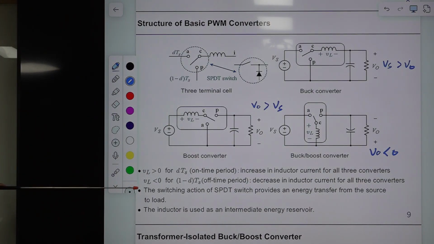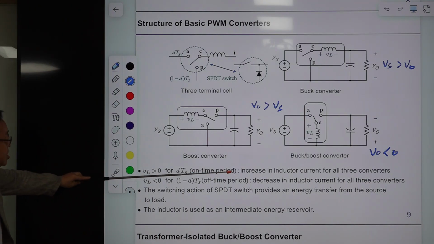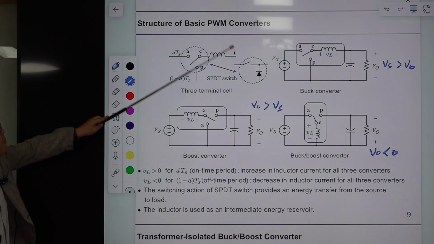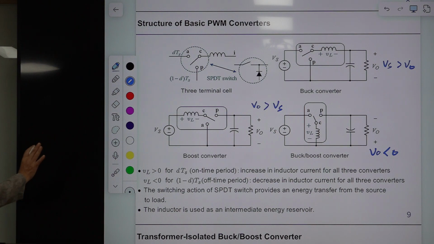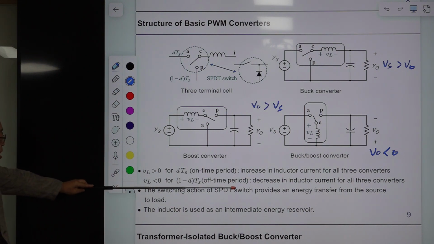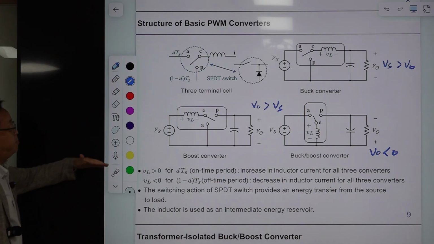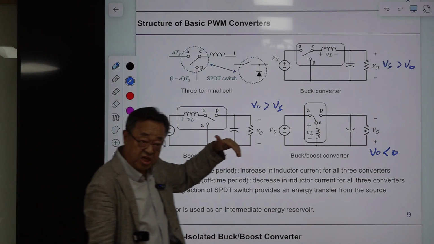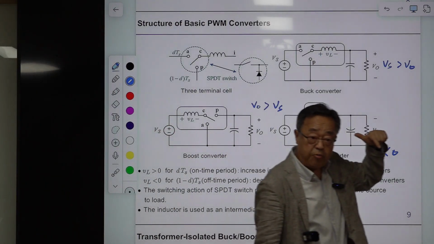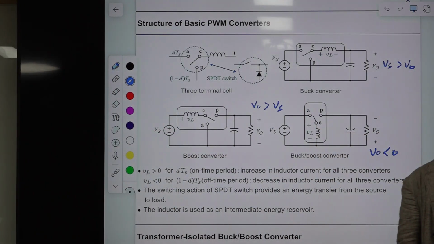This means that during the on-time period, DTs, VL is positive for all three converters, and during the off-time period, VL is negative. That means during the on-time, the inductor current is increasing, and during the off-time, the inductor current is decreasing. That is true for all three converters.